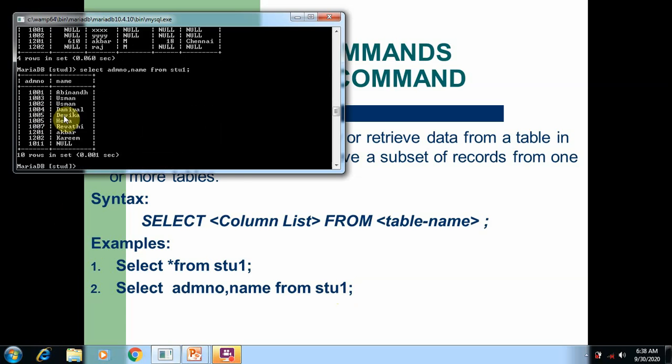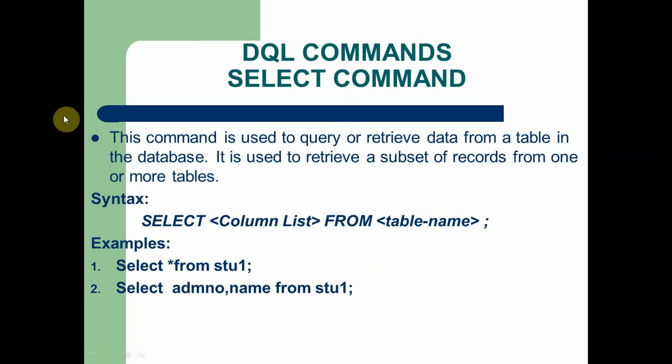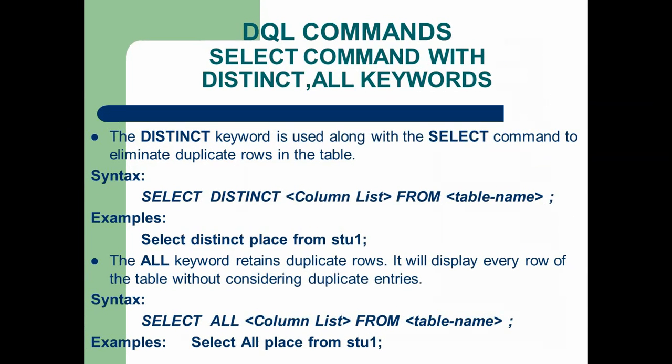In the same way, we can also use the select command with different clauses, like distinct and where clause, which we are going to discuss here. The first keywords are distinct and all. In the select command we are using distinct and all keywords. The distinct keyword is used along with the select command to eliminate duplicate rows in the table.